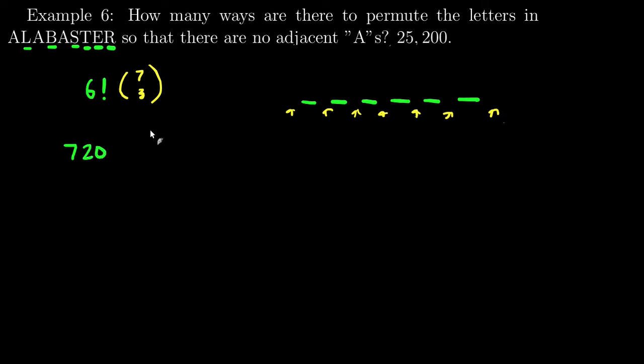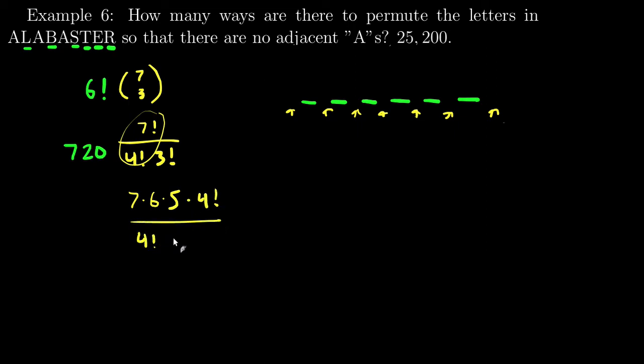7 choose 3 is 7 factorial over 4 factorial, 3 factorial. That's going to reduce down for me. So 7 times 6 times 5 over 4 factorial, 4 factorial. Because the 4 factorials are going to cancel.